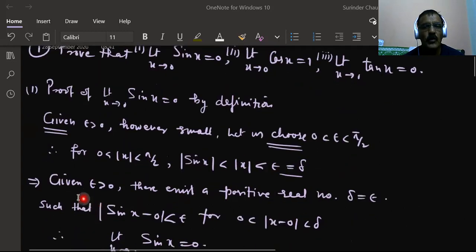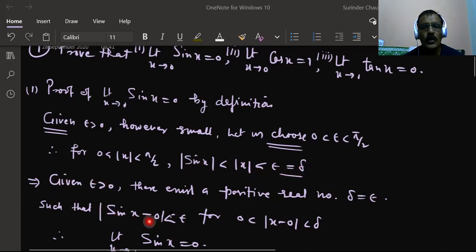Now, given epsilon greater than 0, however small, there exists a positive real number delta equal to epsilon, such that modulus of sin x minus 0 is less than epsilon for 0 is less than modulus of x minus 0 is less than delta. With epsilon lying between 0 and pi by 2, both the relations hold true. This means modulus of sin x minus 0 is less than epsilon for 0 is less than modulus of x minus 0 is less than delta.